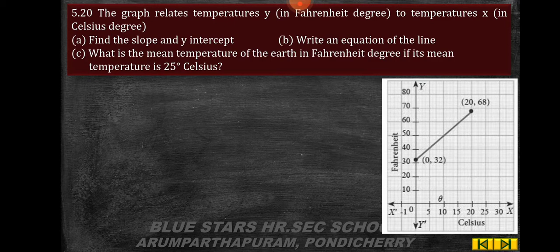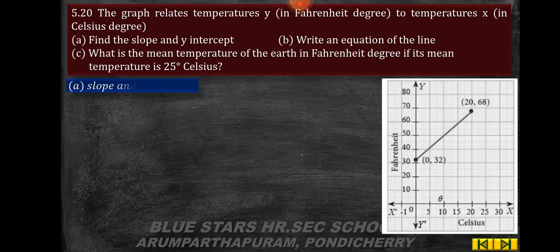Then B is to write an equation of the line. So in this graph one line is given, and you have to find the equation of the line. Then C, what is the mean temperature of the earth in Fahrenheit degrees if its mean temperature is 25 degrees Celsius? So this is the question given.